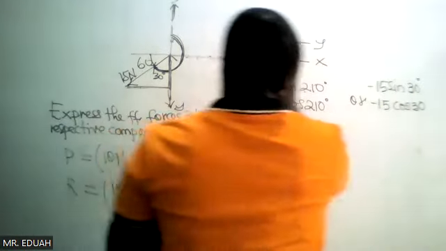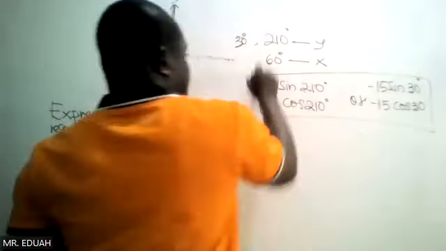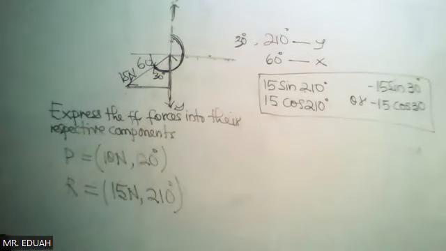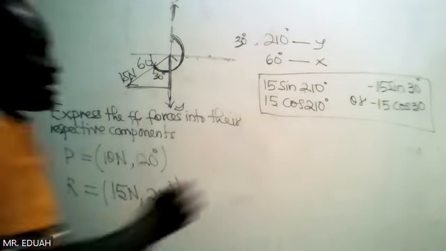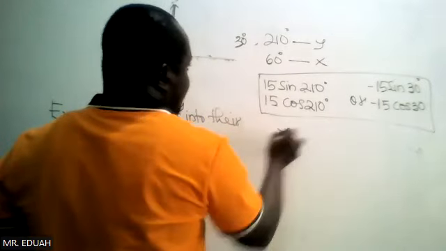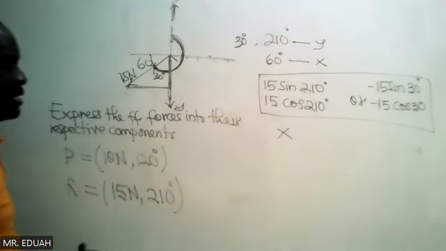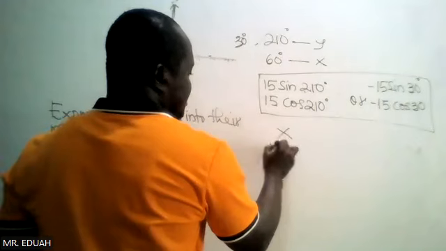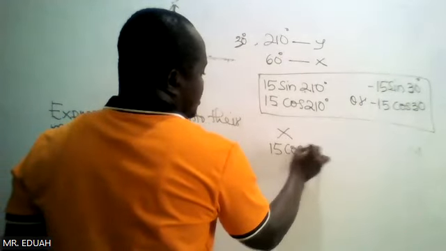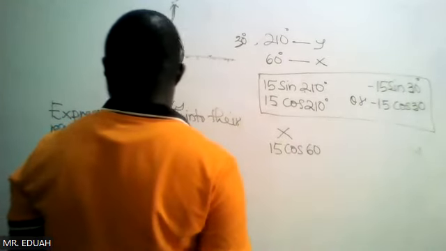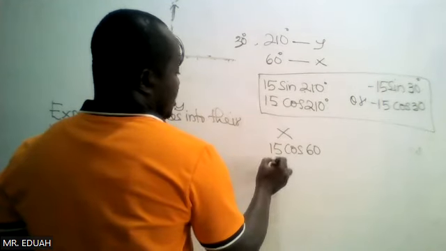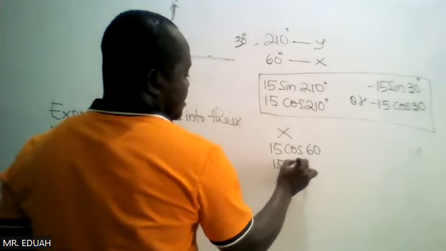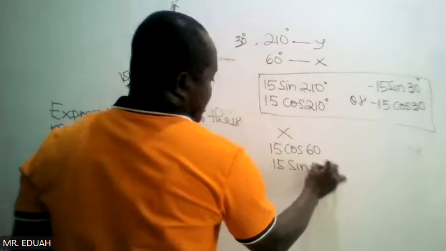They all give you the same result. Let's look at the angle it makes with the x-axis, 60. So 50 cos 60 and 15 sine 60.